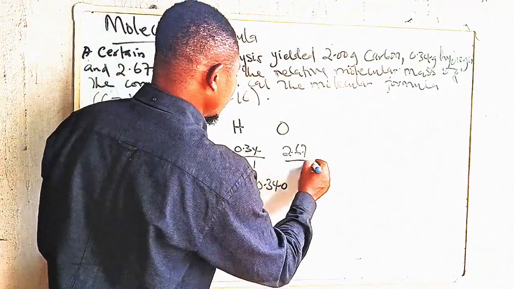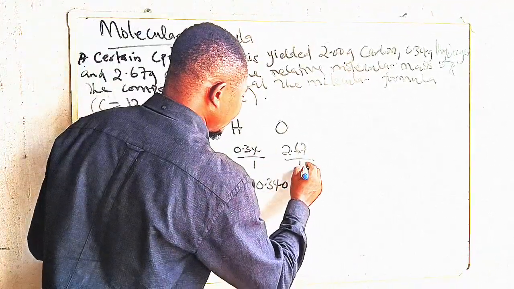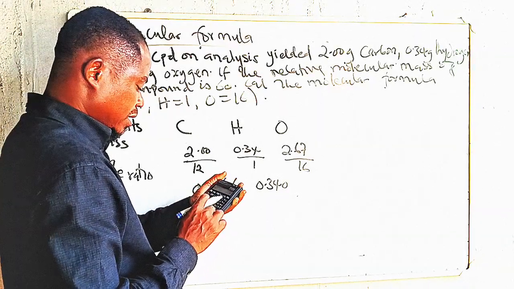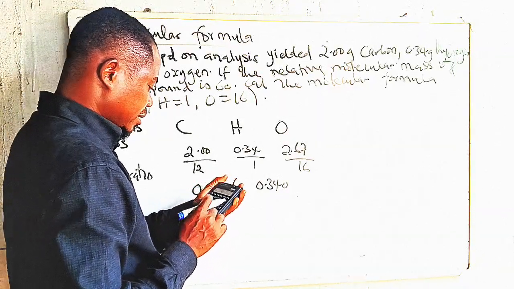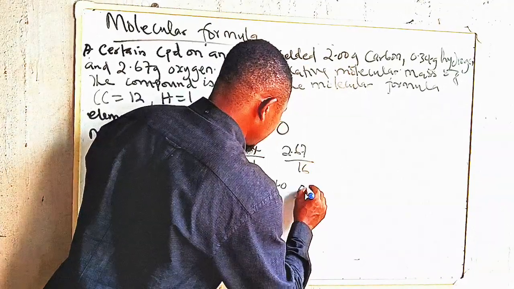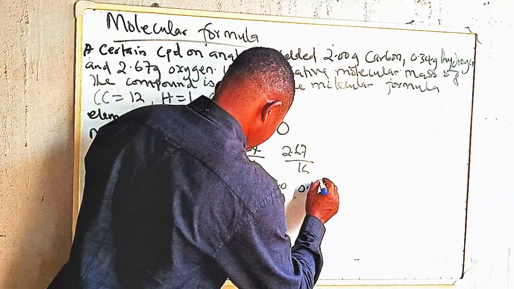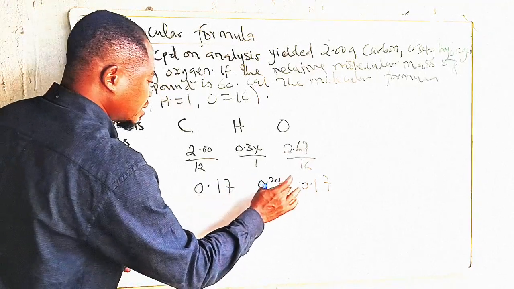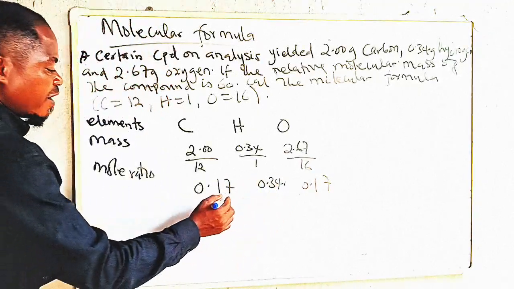Now divide oxygen by 16. 2.67 divided by 16 is equal to 0.17. Let's approximate here.